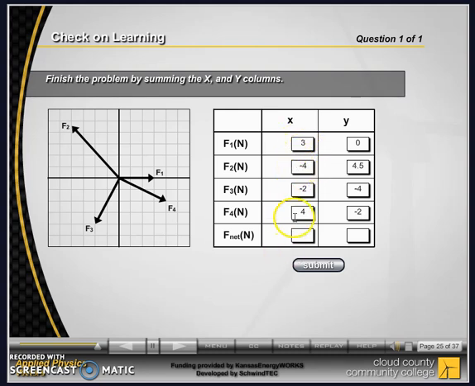Sum. 4 and 4 is 0. Differences 1. 4 and a half, that's positive 5, negative 1 and a half.